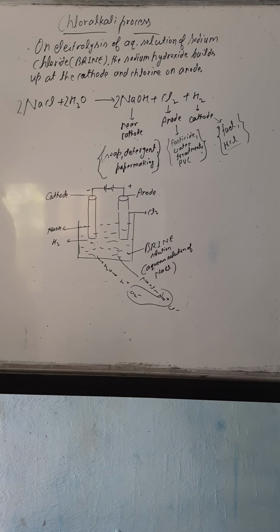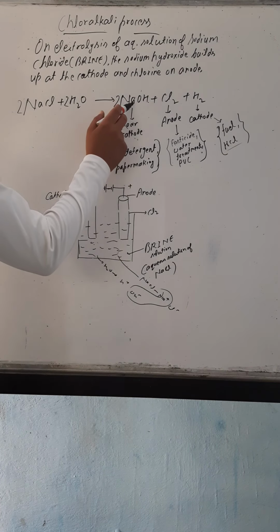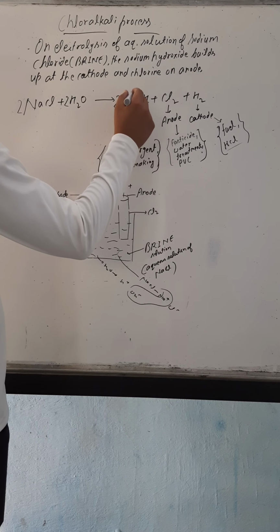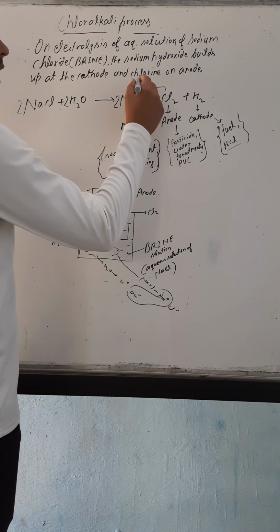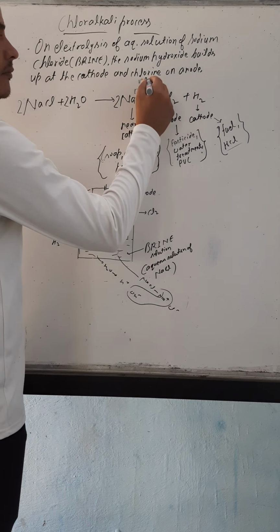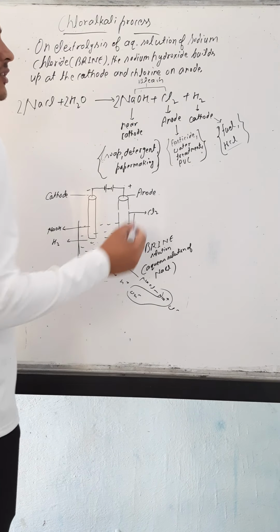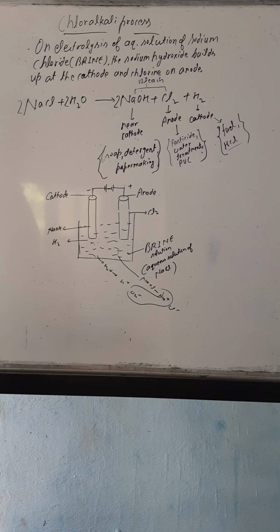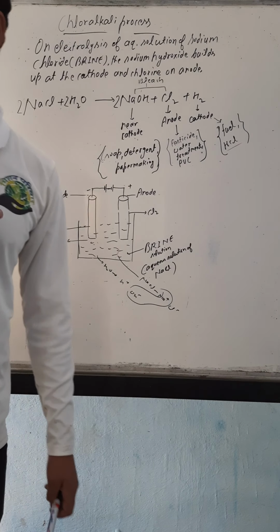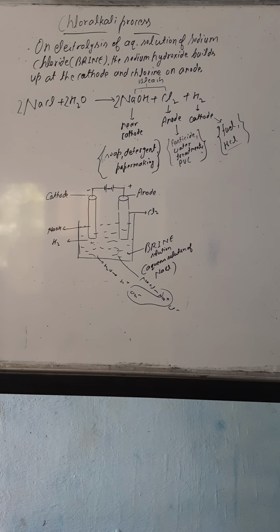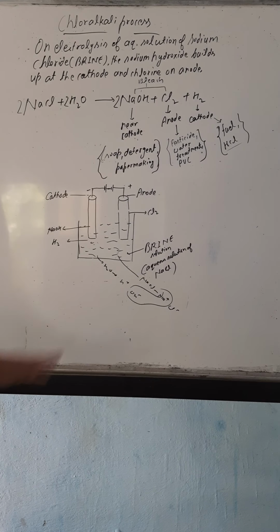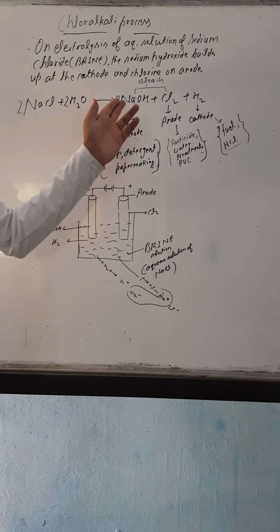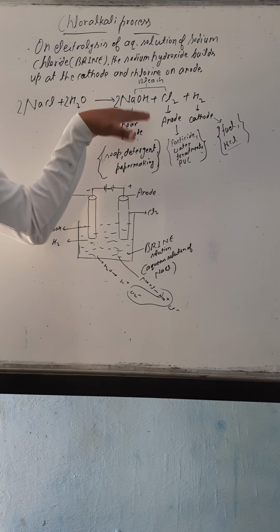Now one more thing, with the help of NaOH and chlorine gas we can make bleach, which is used for removing dark spots on your clothes. NaOH is caustic soda, that is sodium hydroxide. So with the help of these two, we are making bleach.